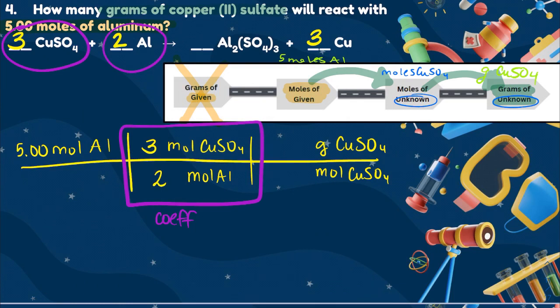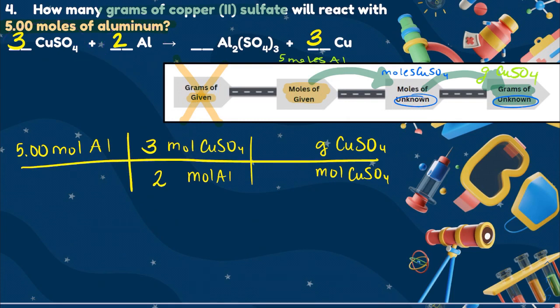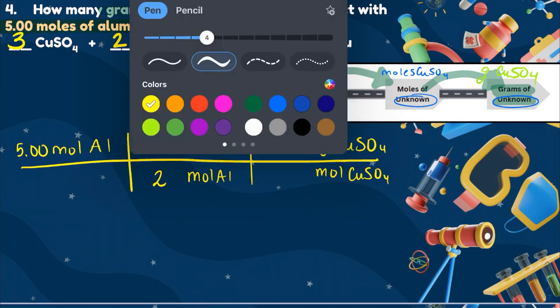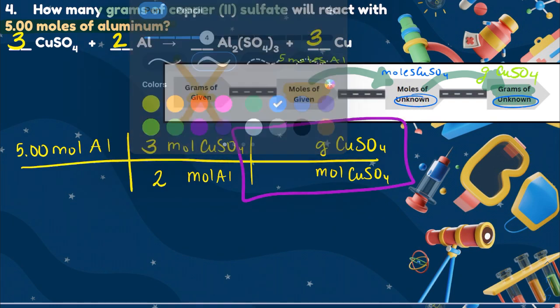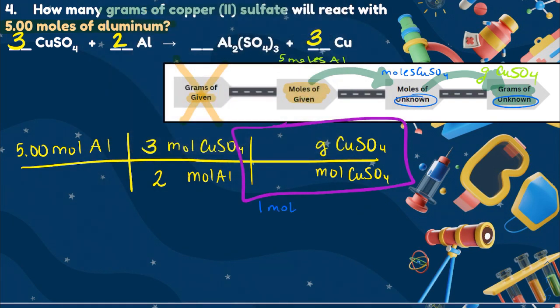All right, so my mole to mole conversion is taken care of with coefficients. Next up, I have grams to moles. I know that for grams to moles, I use 1 mole equals the molar mass grams. So I put a 1 in front of moles. And then I need the molar mass of CuSO4.